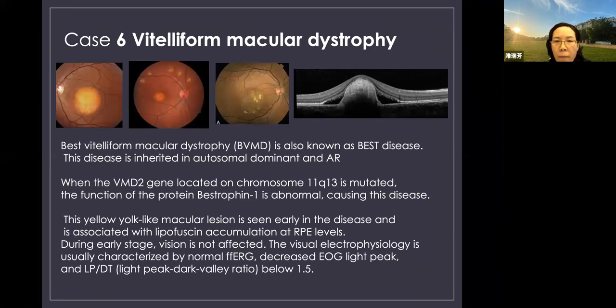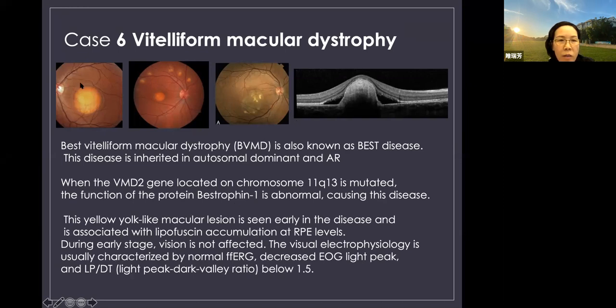In our clinics, we also have patients with different kinds of yolk-like macular dystrophy. Vitelliform macular dystrophy can be dominantly inherited or recessively inherited. The same gene, the bestrophin gene, may be mutated, and the phenotype is different.